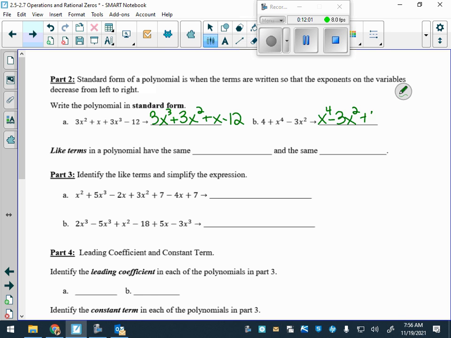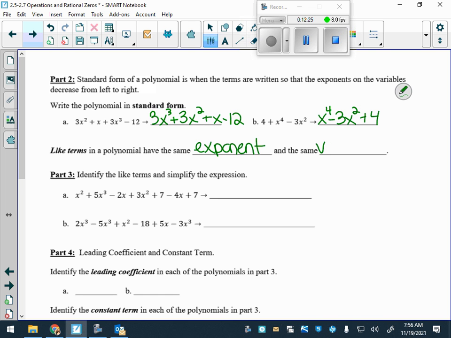Good. So, like terms have to have what in common? Think of like terms. What do they have to have in common? Same exponent. Okay. Same exponent. And what else? And same variable.